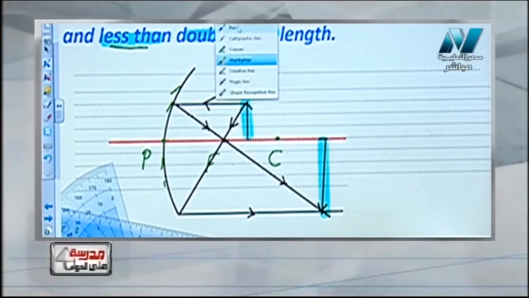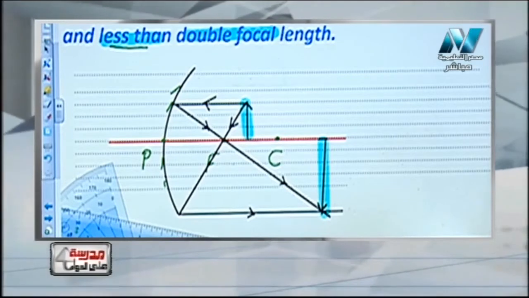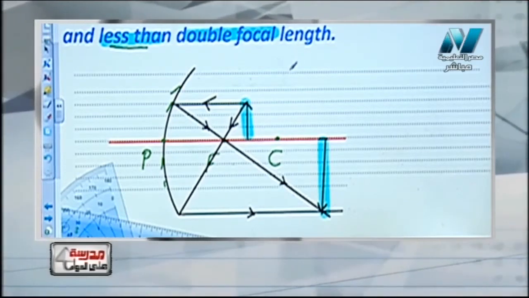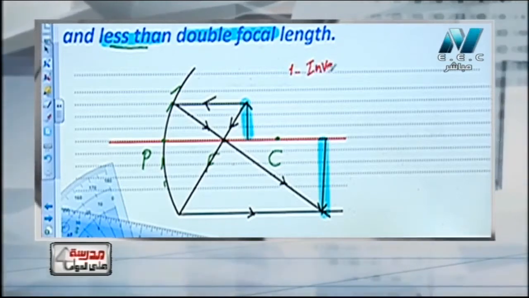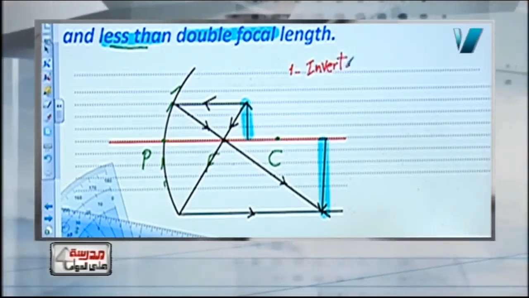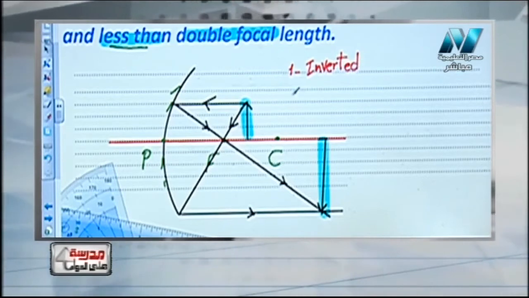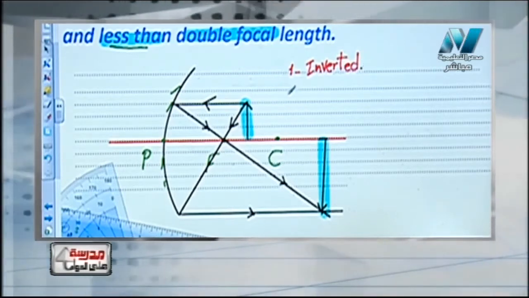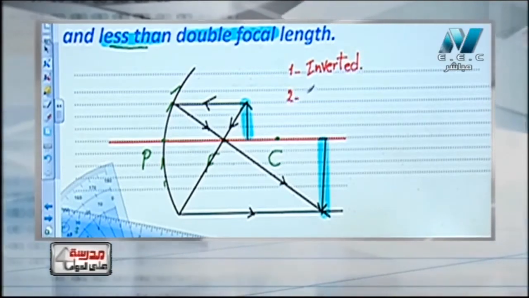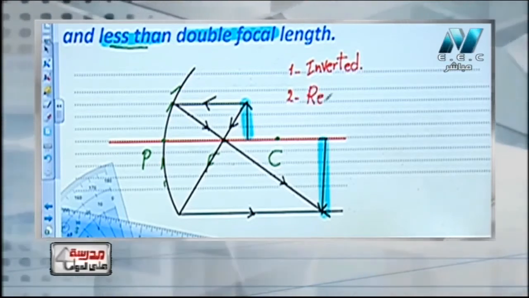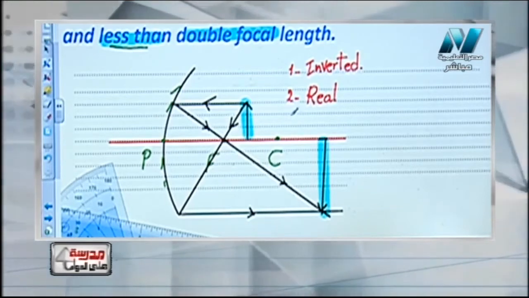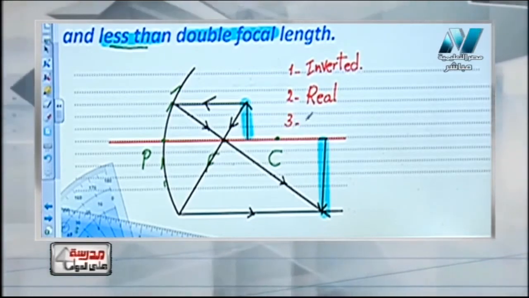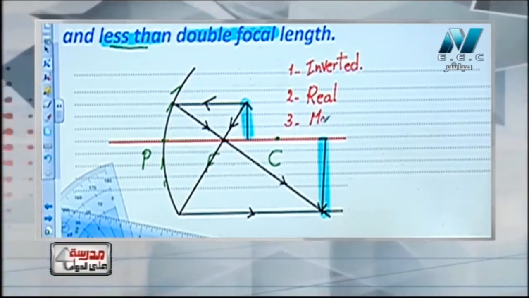Number 1, the image is inverted, upside down. Number 2, the image is real, which means it can be received on a screen. Number 3, the image is magnified.